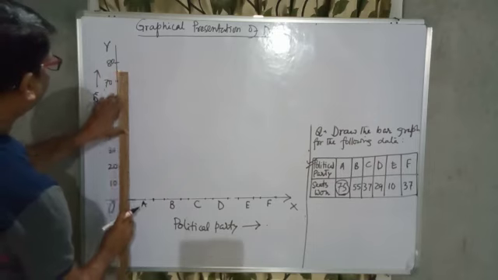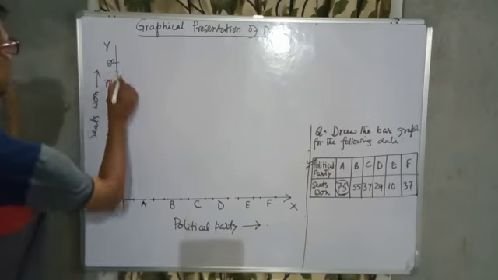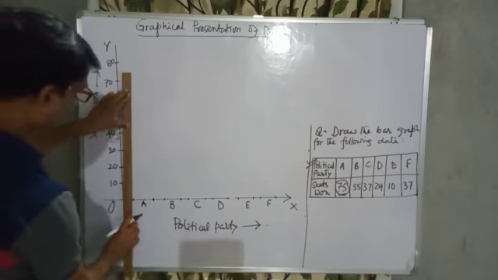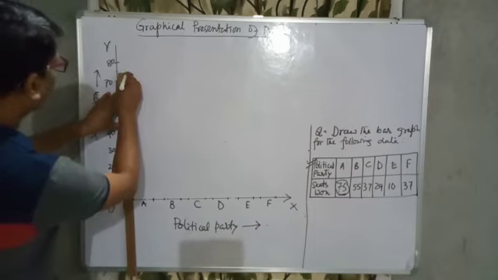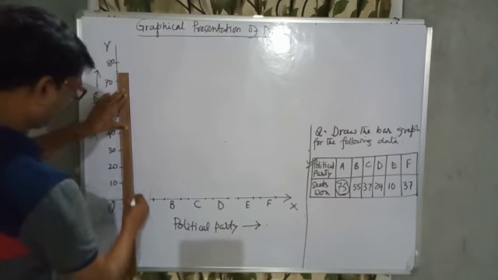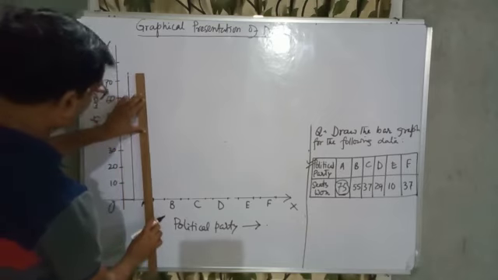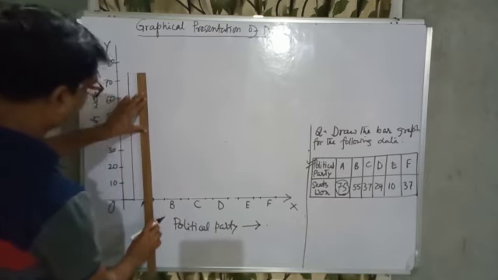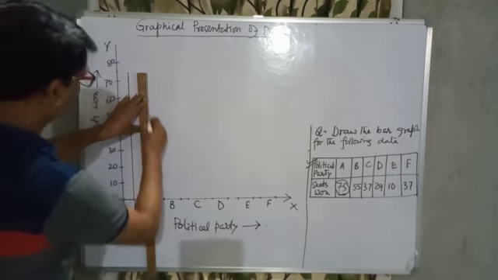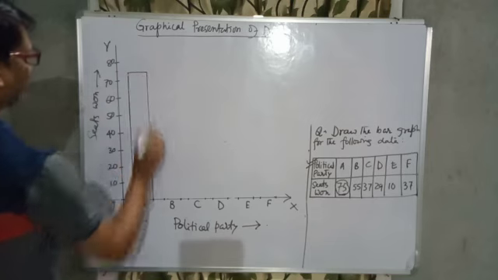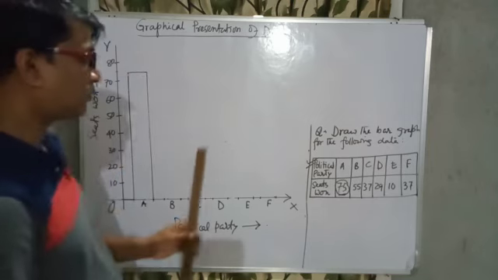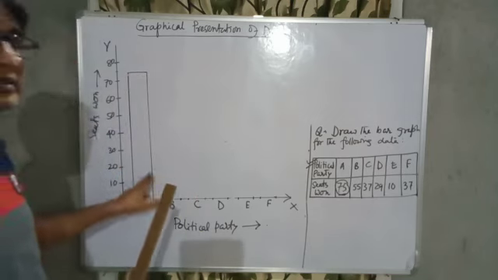This mark is 75. With the help of a scale, we draw a bar, and it should be the same width. Be careful. This is political party A, and this bar is 75.